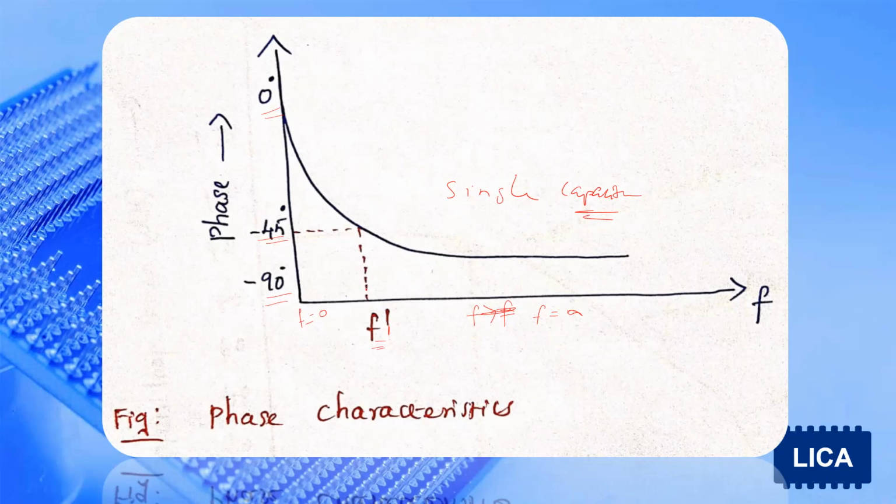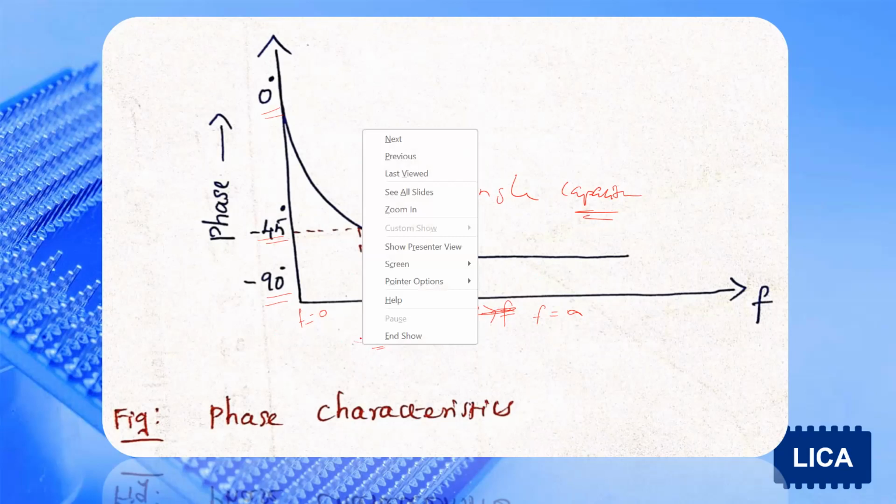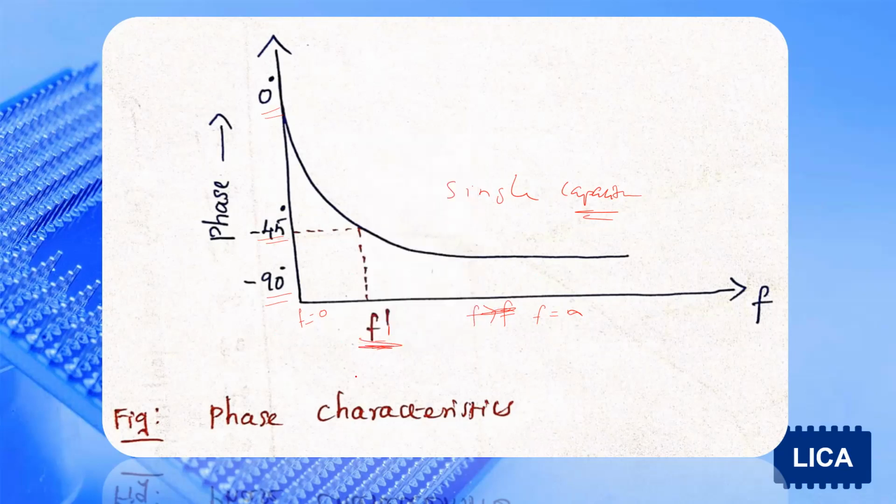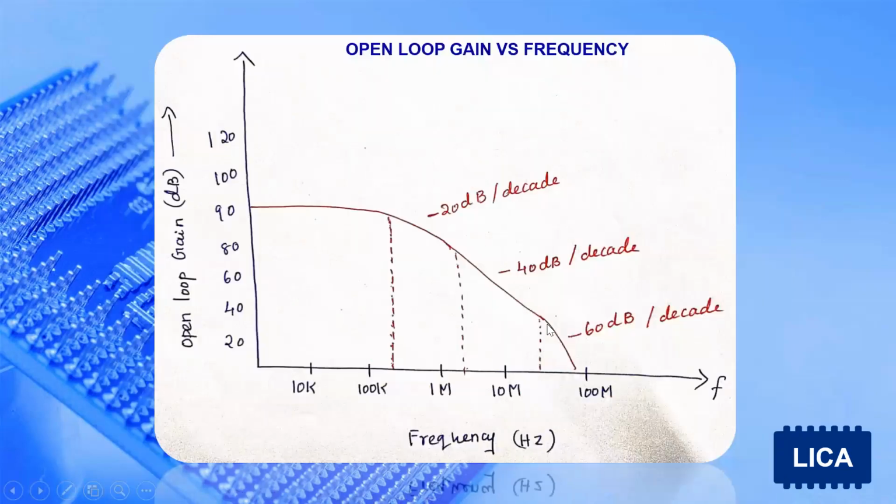Here only one capacitance value, so we have one corner frequency. Suppose in a practical case we have 3 capacitive elements, we have three corner frequencies, F1, F2, F3. That is for the practical case. We will discuss that also.